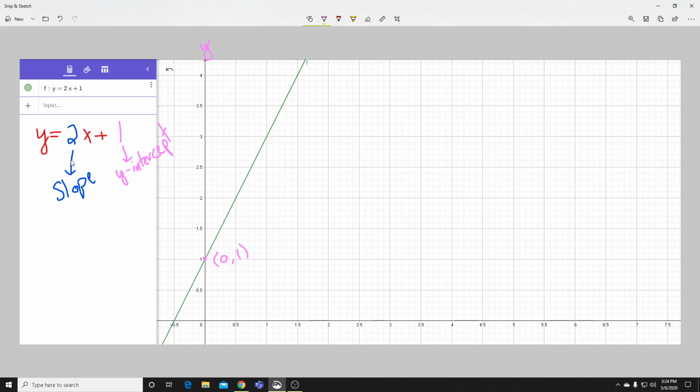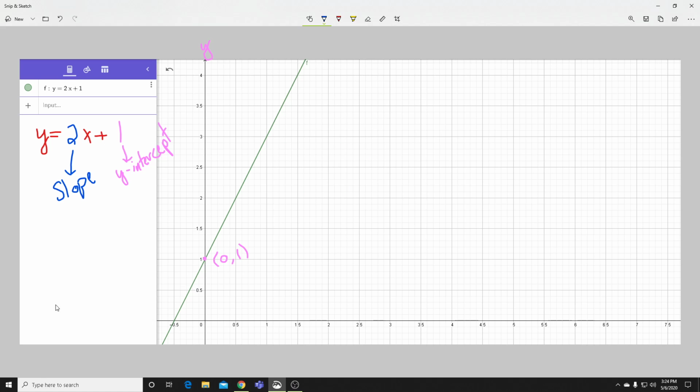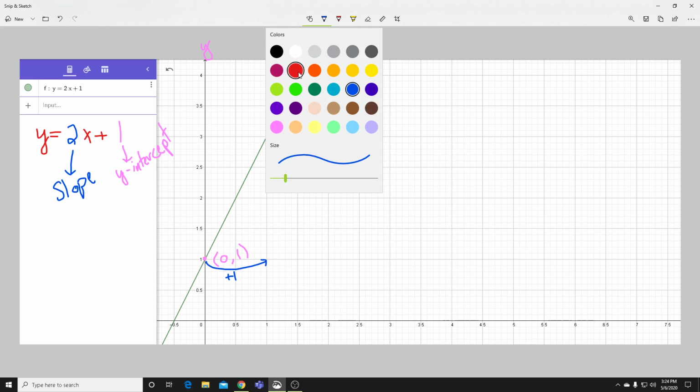Now our slope is a little different. Remember, our slope, this is like that constant of proportionality. So what you see is just like with that, every time x is going over by 1, we see that y is going up by 2.